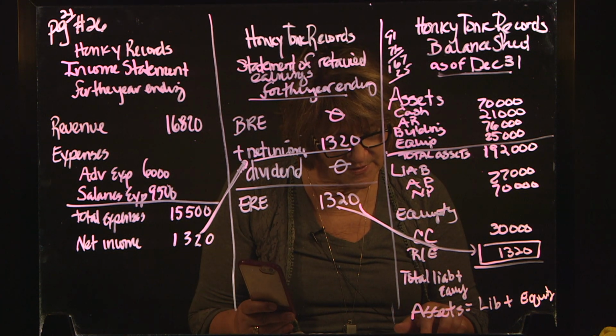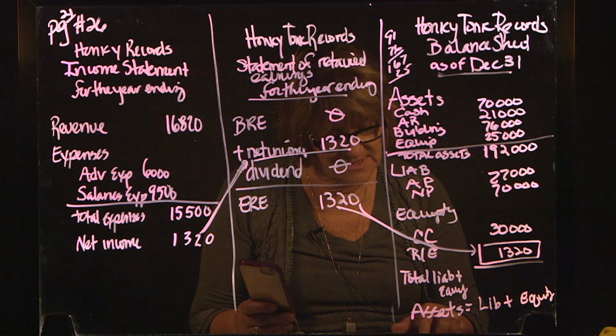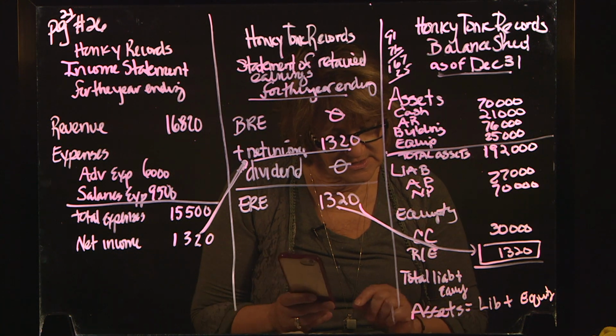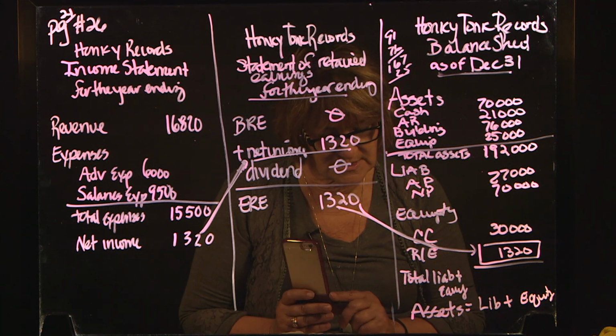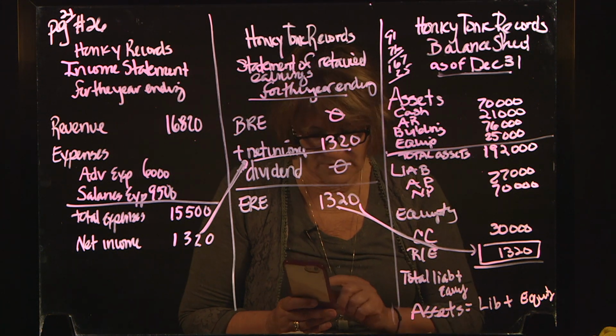So accounts payable is 27, notes payable is 70, contributed capital is 30. Something doesn't seem right. Maybe it's my revenue.